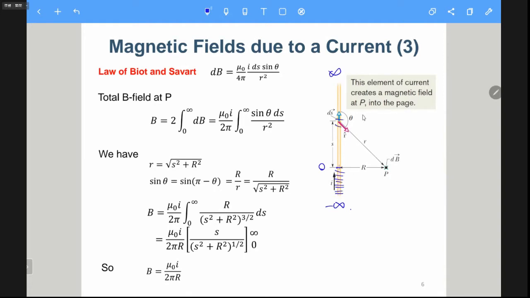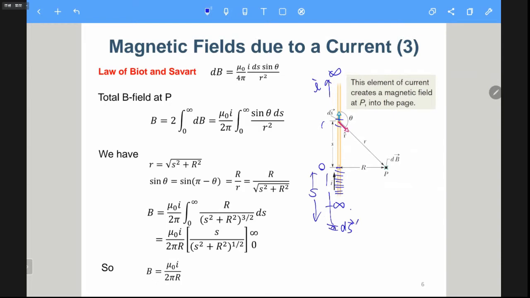So just say if we consider this part, this is ds, and we have a current going from bottom to top. So suppose for this part and for the symmetrical part, if we have s, we have a ds prime here.